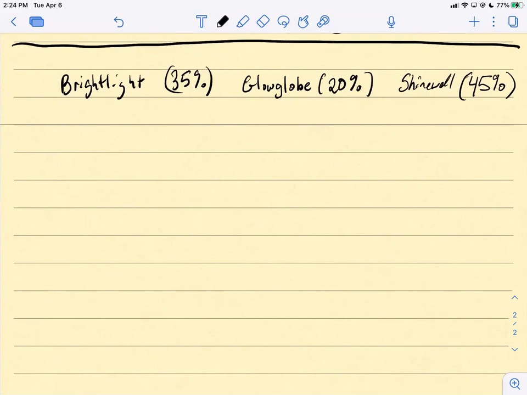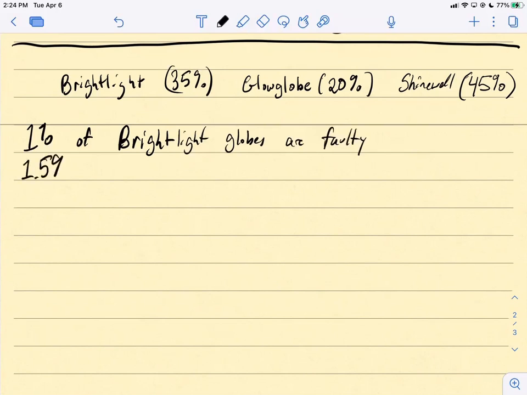But the supermarket found that 1% of bright light globes are faulty, and 1.5% of each of the other two globe companies' globes are faulty.